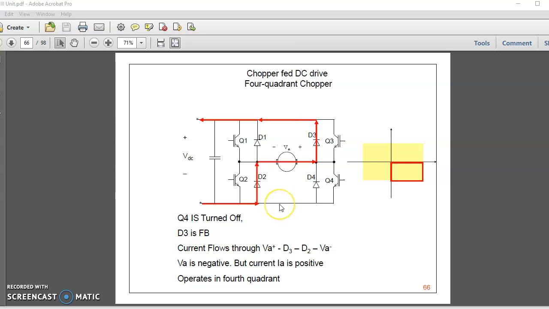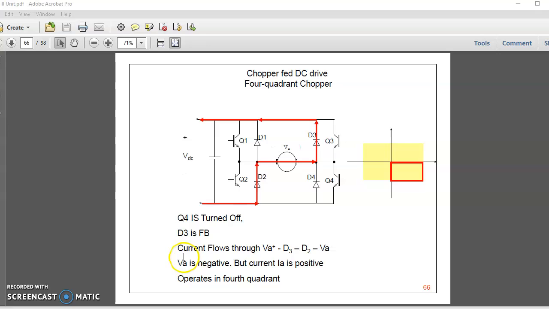Coming to the fourth quadrant operation, now Q4 is turned off and D3 is forward biased. The current is flowing in the same direction, but the voltage polarity is reversed: voltage negative, left negative and right positive, and current positive. The current flows from the negative terminal of the battery, D2, the motor, D3, and the positive terminal of the battery.